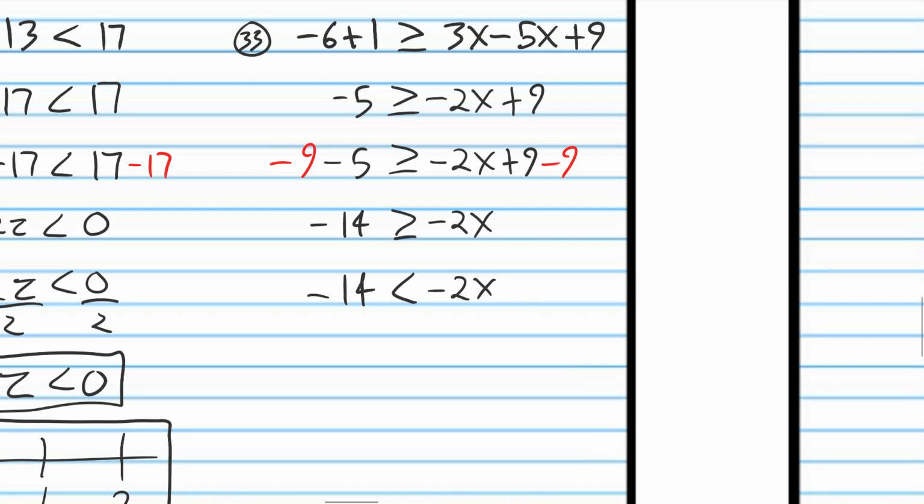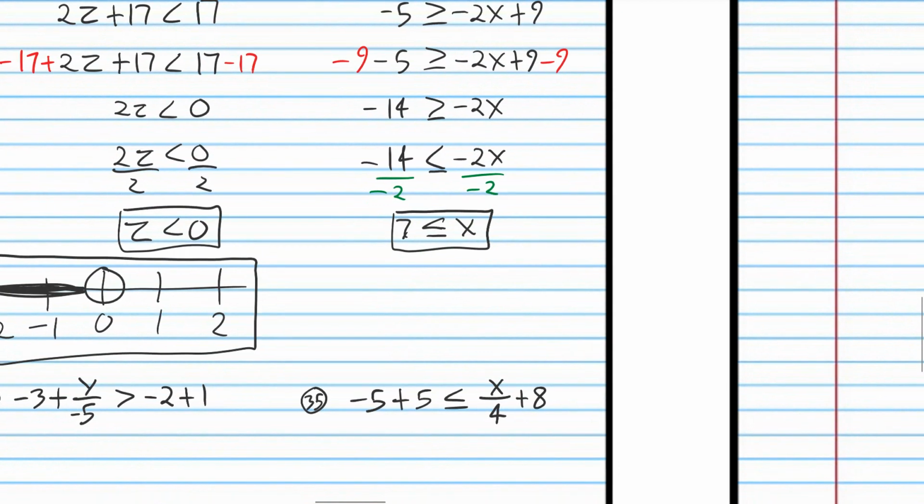And I forgot to put my equal to there. And we get 7 is less than or equal to x. So if you got that algebraic solution, good job. So now let's graph it.